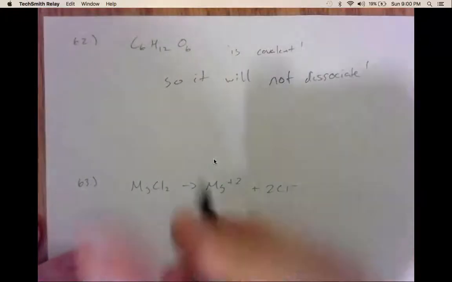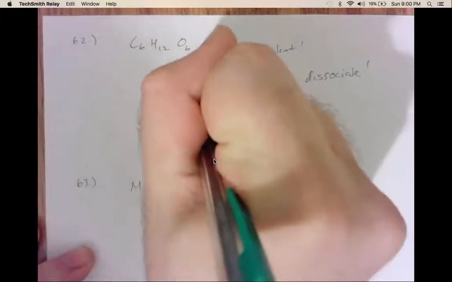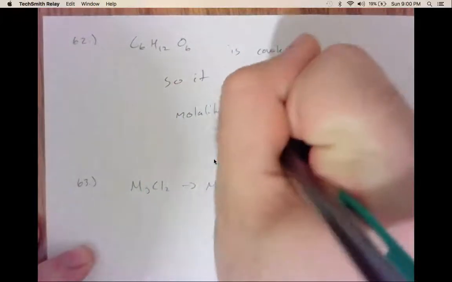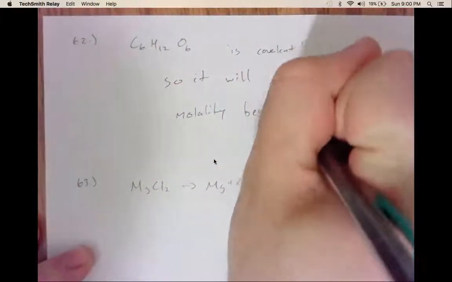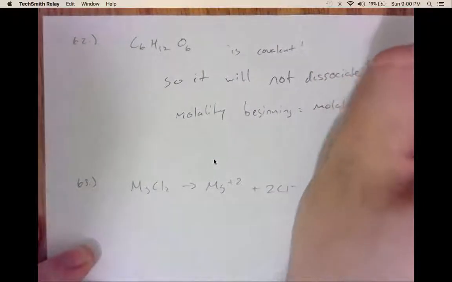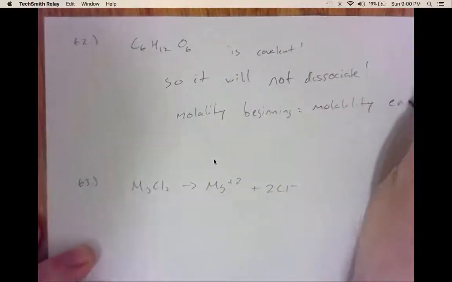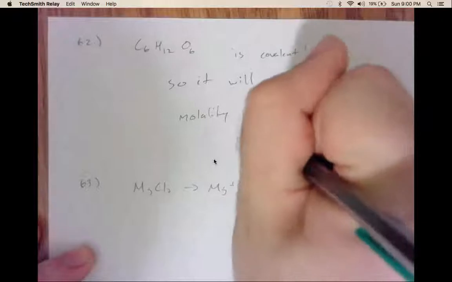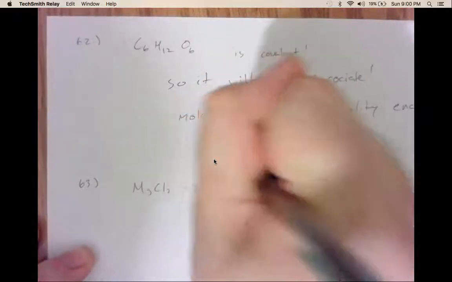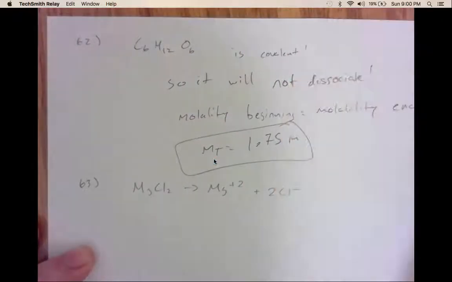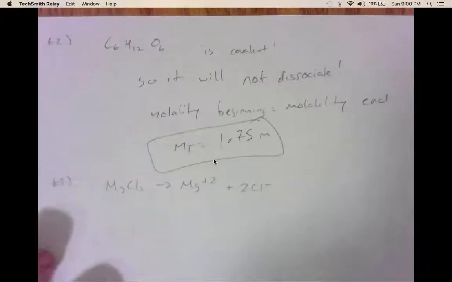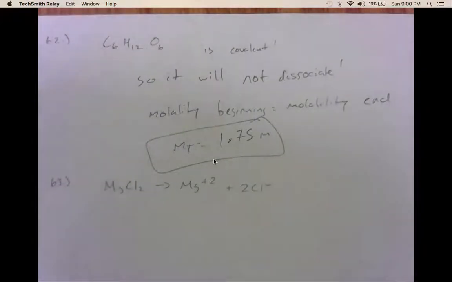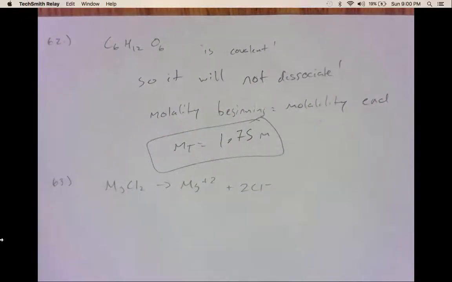Because it doesn't dissociate, the molality in the beginning equals the molality at the end. So our molality stays 1.75. It's kind of like a trick question, but it's also just testing you to make sure that you understand only ionic bonds dissociate in water.